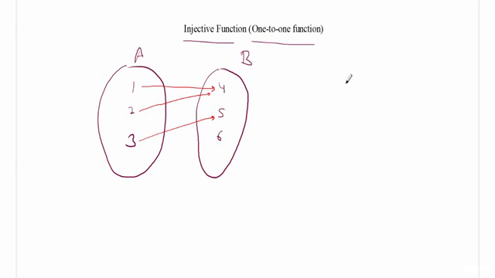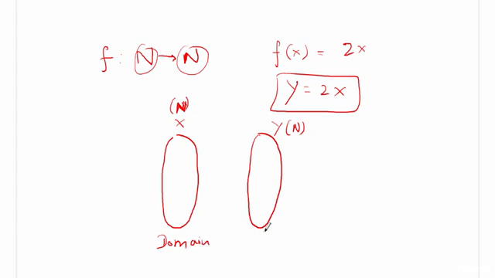This is a function from set X to set Y, where X is the set of natural numbers and Y is again the set of natural numbers, because this is from natural number to natural number. This is the domain, and this is the codomain.